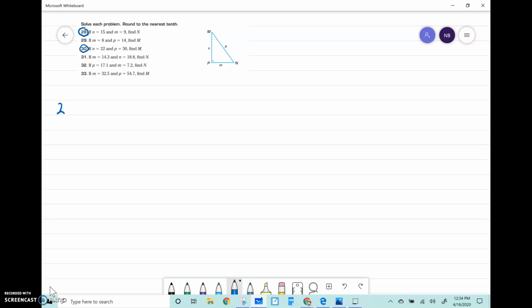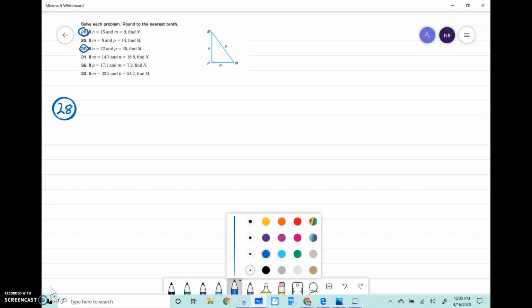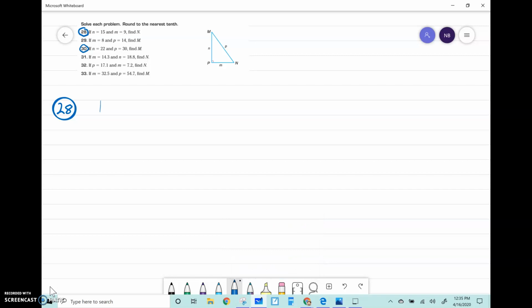So I'll start here with 28. And all of these are using that same triangle. So what we'll do here is get that triangle set up for 28. I've got angle M, angle P, and angle N. Then I have side N, side P, and side M. If you notice, we're actually going to be finding angles for this review.